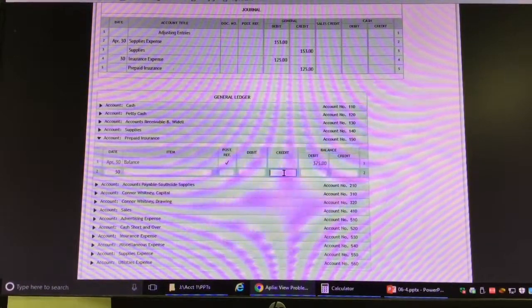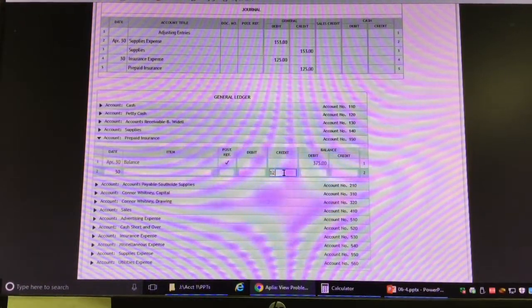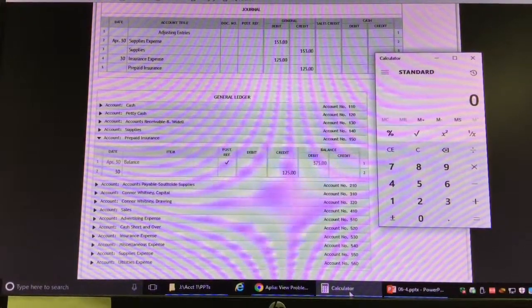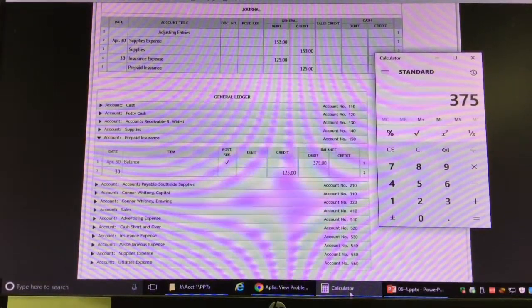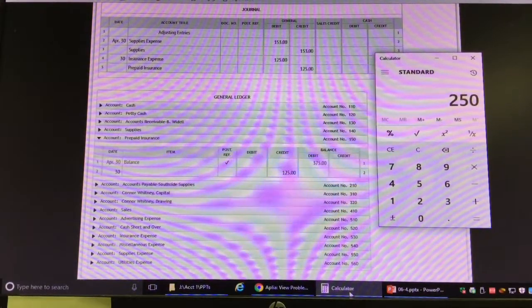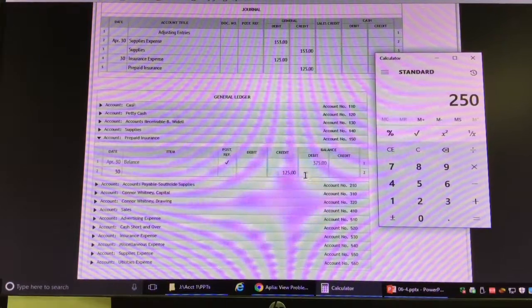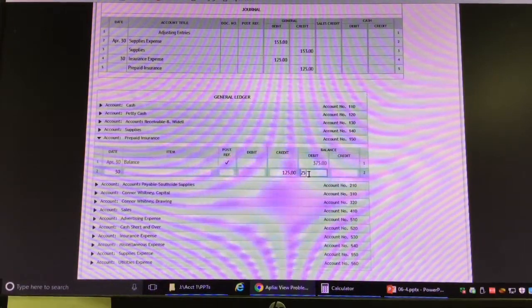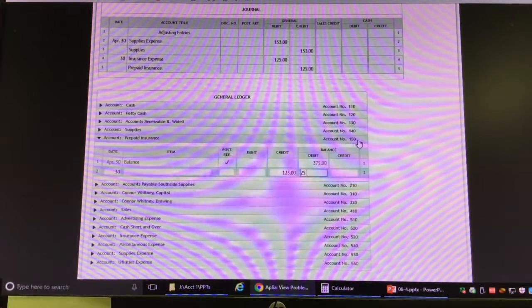I am crediting my prepaid insurance 125, which means that I'm going to have to do some math. I am reducing the balance, so 375 minus 125 gives me a total of 250. My new balance is 250, and it's recorded on the debit because prepaid insurance is an asset. Note the account number, 150.